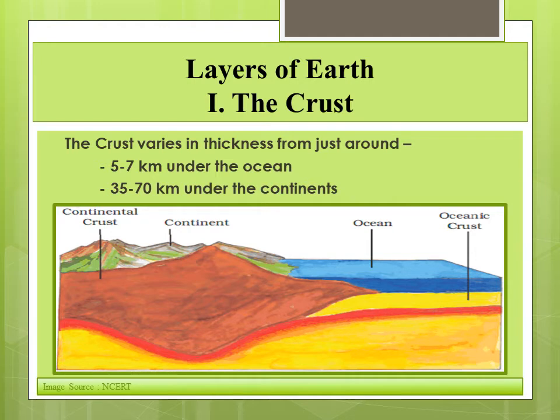See this picture carefully to understand the thickness of the crust under the oceans and under the continents. The crust varies in thickness from just around 5 to 7 km under the oceans and 35 to 70 km under the continents.